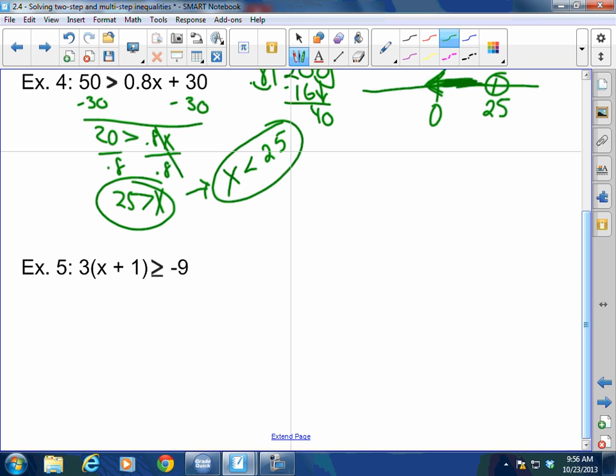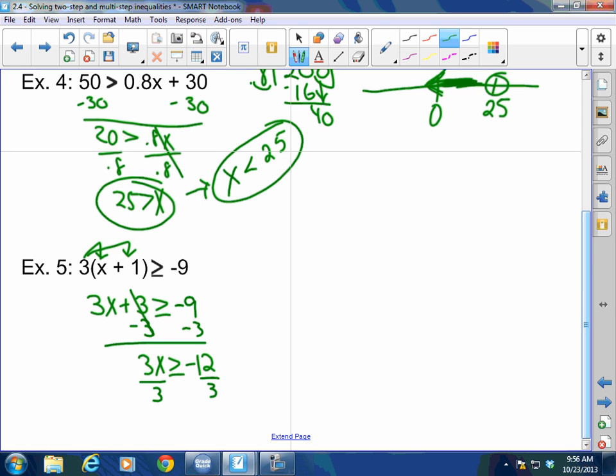Now we get into multi-steps. What's the first step of any multi-step? Yes, do the distributive property. Thank you. Good job. So I got 3x plus 3 greater than or equal to negative 9. Now I undo addition with subtraction. 3x is greater than or equal to negative 12. I undo multiplication with division.